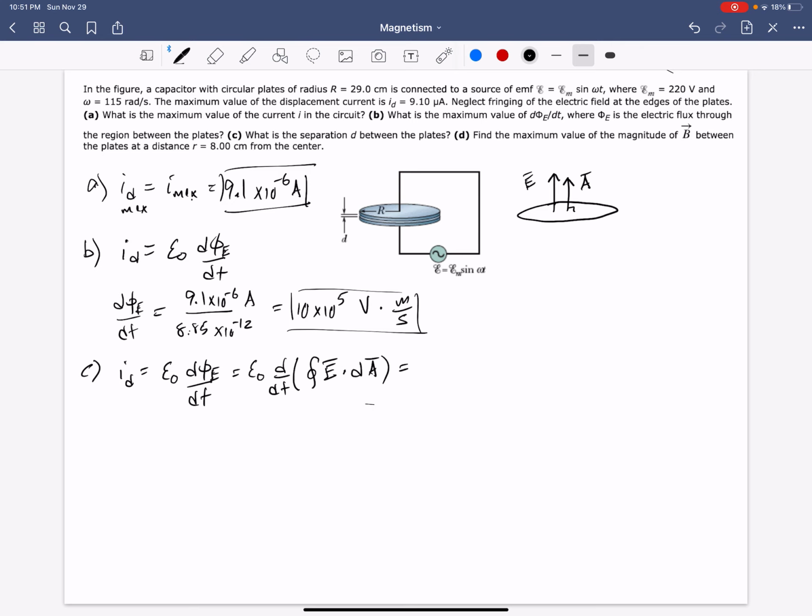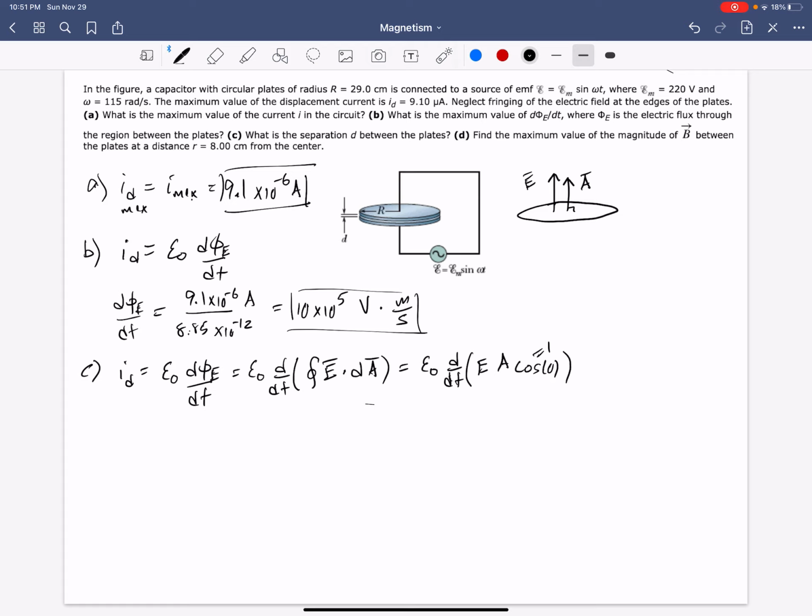And so evaluating our integral, we have epsilon naught d/dt of the electric field magnitude E, dotted with dA. What's the magnitude of the integral of dA? That's just A, the area. And since they're parallel, we have cosine of 0, the angle in between, which is just 1.